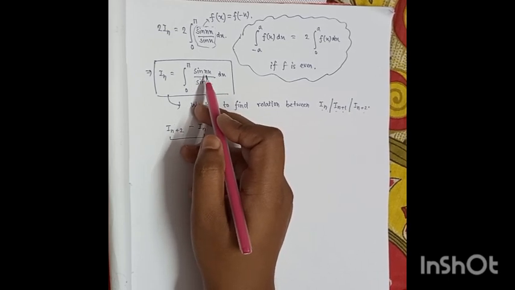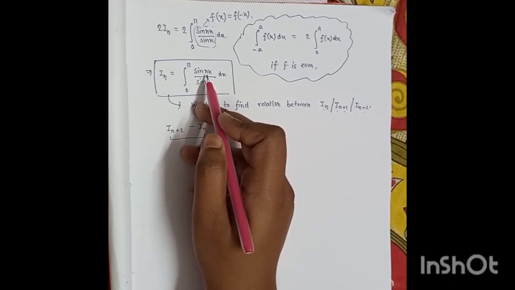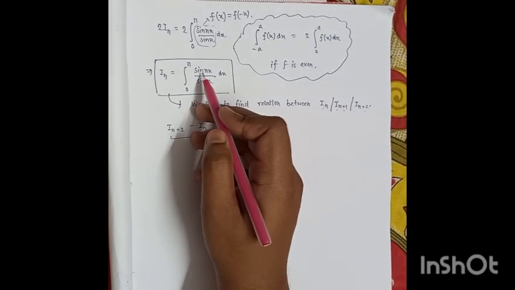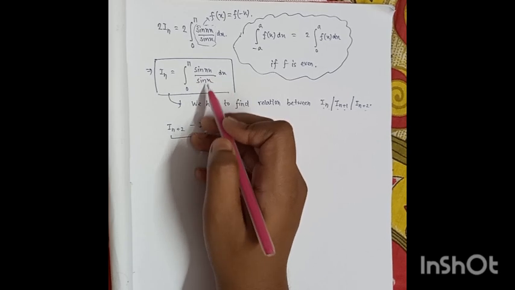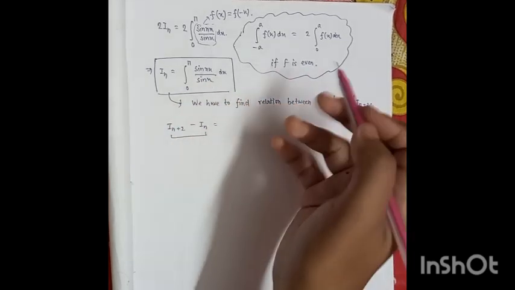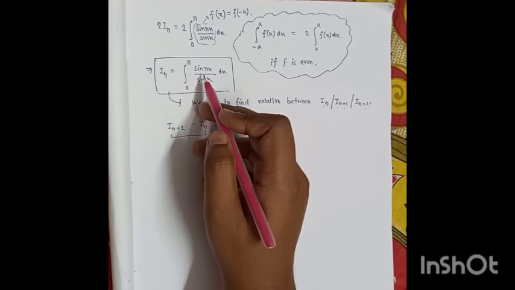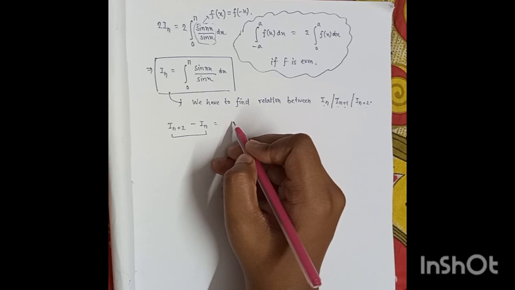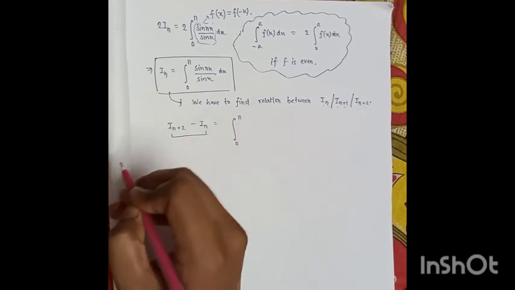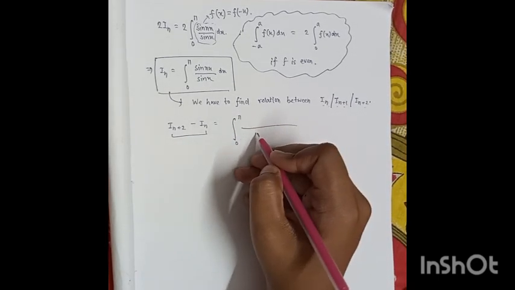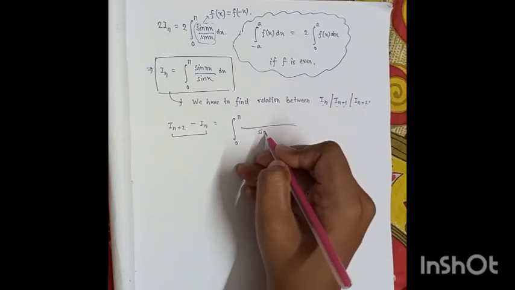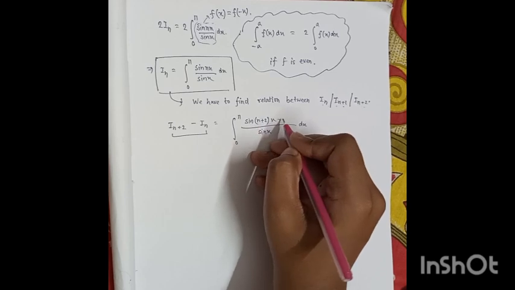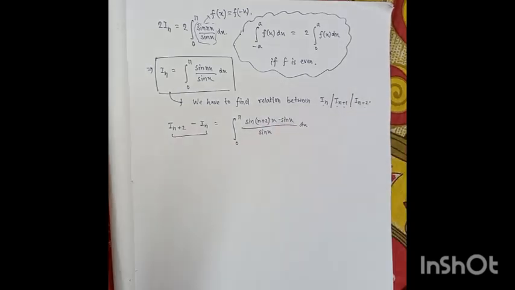So if we put here simultaneously n plus 2 and n, this becomes the integral of sine of n plus 2 x upon sine x dx minus again the integral of sine nx by sine x dx. We can take the denominator common and then sine of n plus 2 x minus sine nx dx.